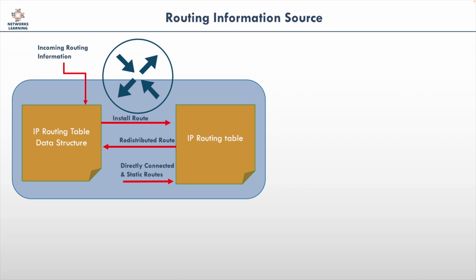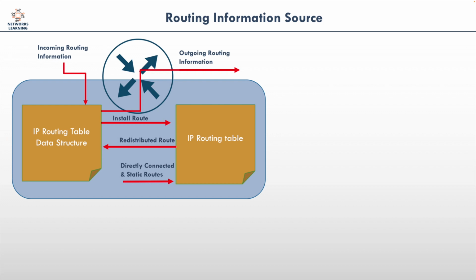Redistributed routes are injected back into the IP routing table data structure. So your IP routing data structure will be fed by the incoming routing information, as well as any routes that are generated in the router itself. So these are the redistributed routes. And this information combined will then be sent forward to the next adjacent router.